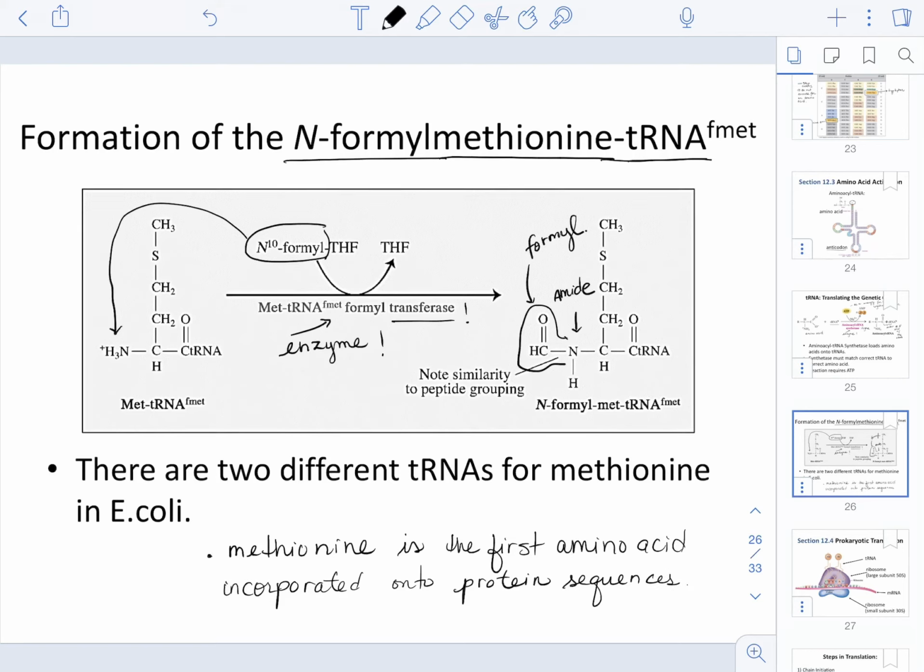Now, the reason why we need to put that formyl group on the amine side of the methionine is because the formyl group prevents the amino terminus from reacting and extending the protein at that site.